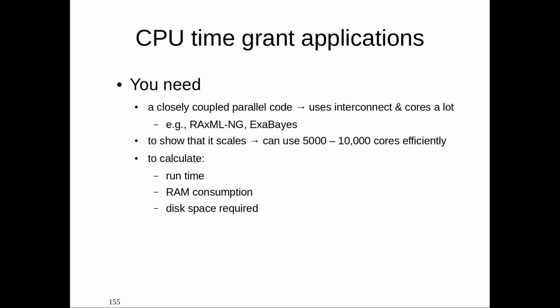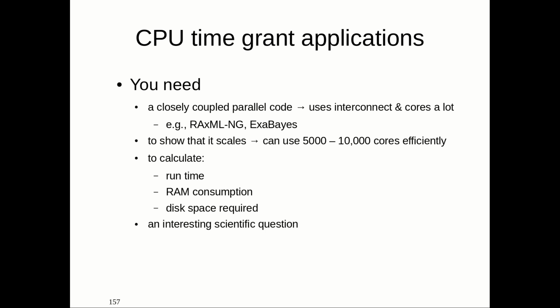All those things, a couple of words about the code you're going to use, a scalability plot, so you can get test accounts to show the scalability, and then runtime, RAM consumption, and disk space need to be part of this application.